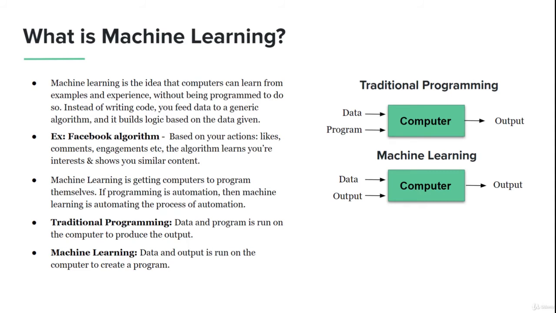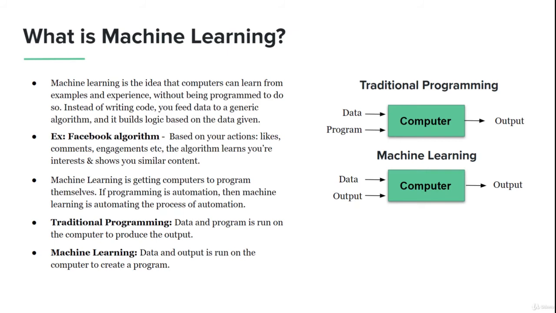And then with machine learning, data and output are run on the computer to create a program. So notice a difference there. You have the data and the output for the machine learning, and then that goes into the computer, and then you have a different output, right? So that's really how you want to think about it.